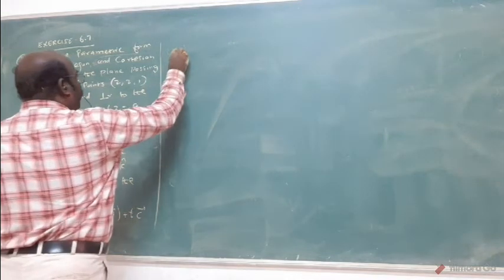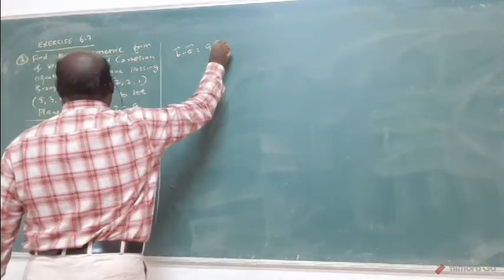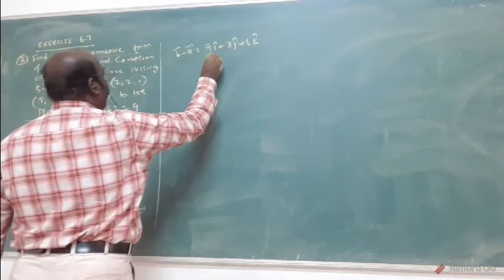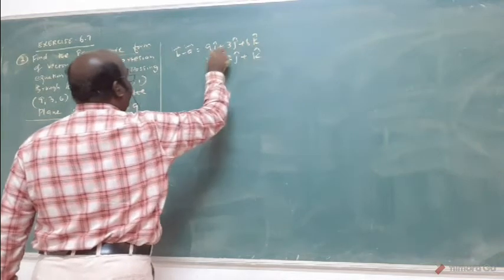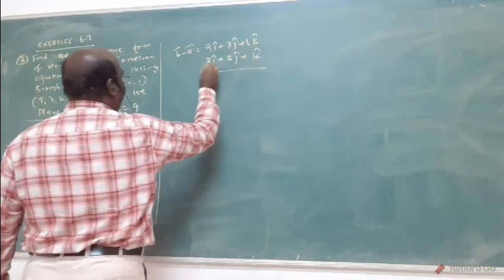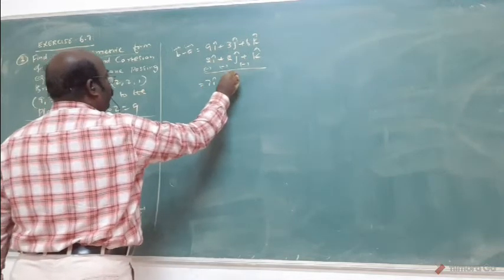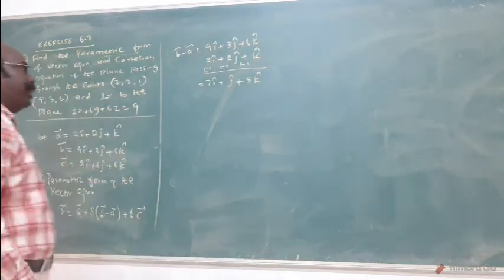That's why B vector minus A vector: B vector is 9i cap, 3j cap, 6k cap. Next, minus A vector: 2i cap plus 2j cap plus 1k cap. Change the sign. Am I correct or not? Result: 7i cap, 1j cap plus 5k cap. This is called B minus A vector.